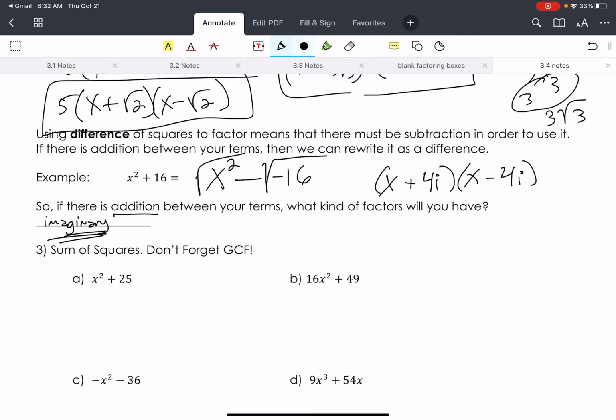Okay, so let's try a bunch. So x squared plus 25 is the same as x squared minus a negative 25. So x squared, no. Wait for it, no. What is all this? Oh.